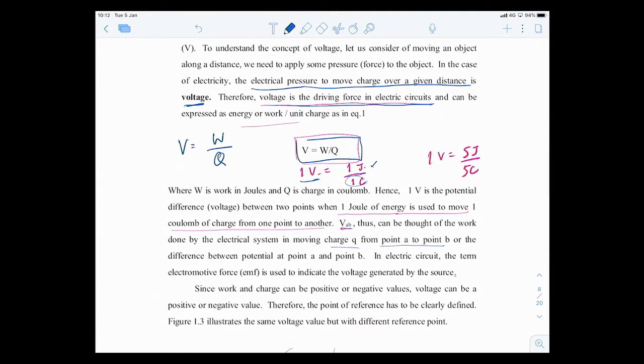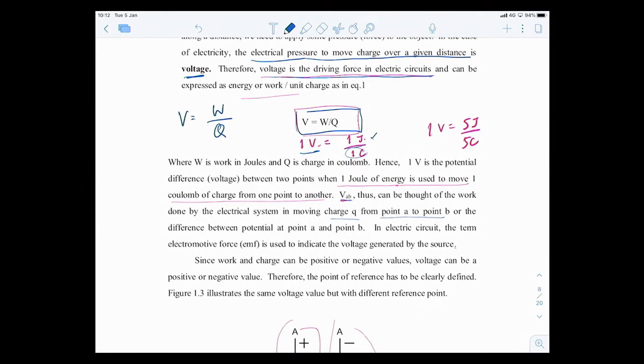Now, of course, the voltage can be positive or negative. Another word we use for voltage is potential difference. For example, if you have a box, this is how we write a potential difference: the potential difference between point A and point B, which we call VAB. I always think of it this way: if I say VAB, I take A as the positive and B as the negative terminal.